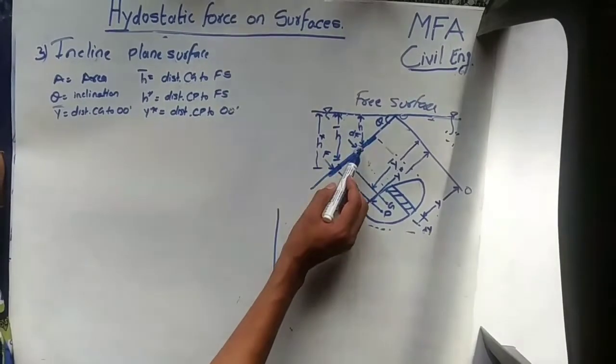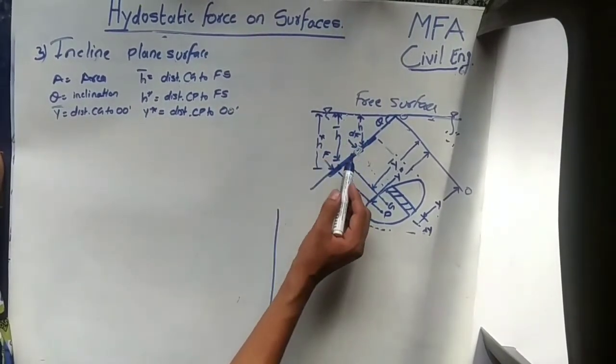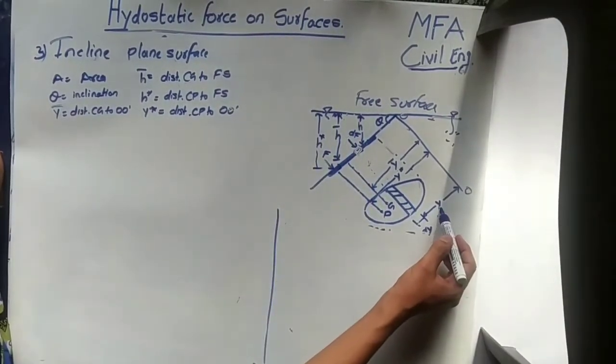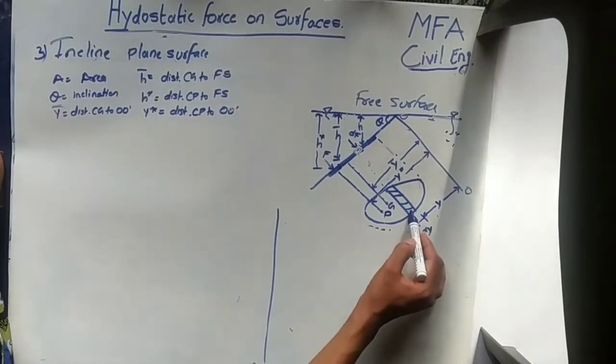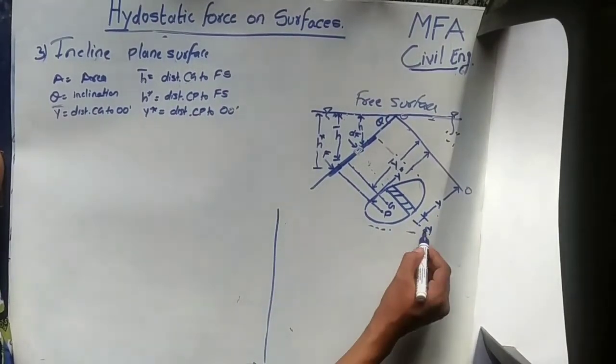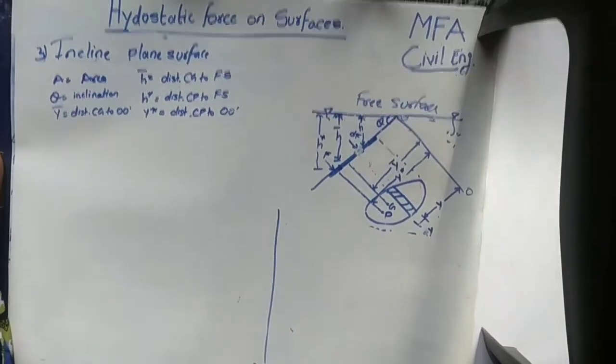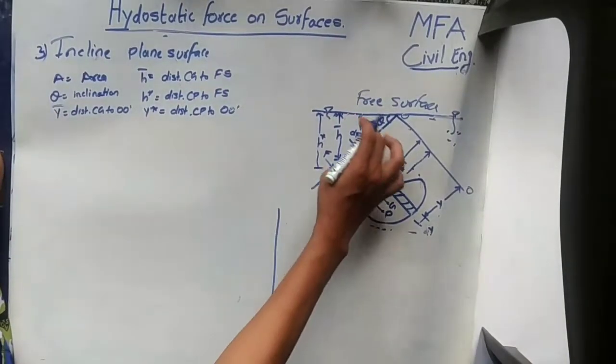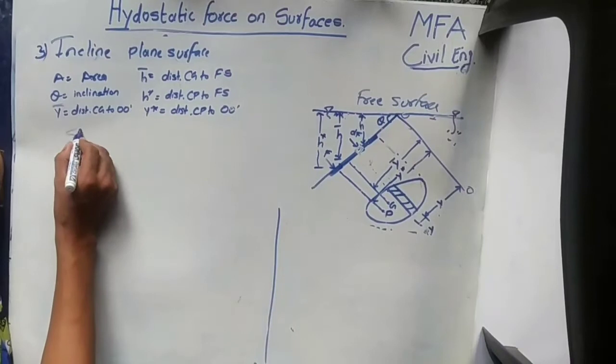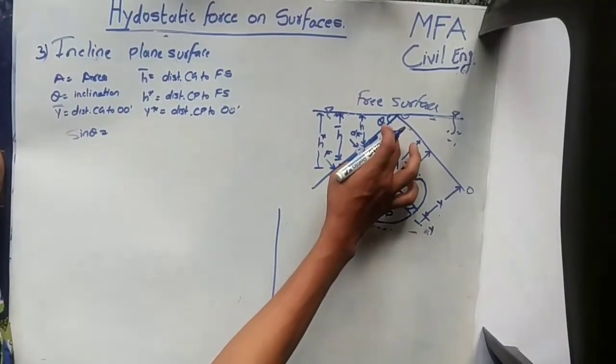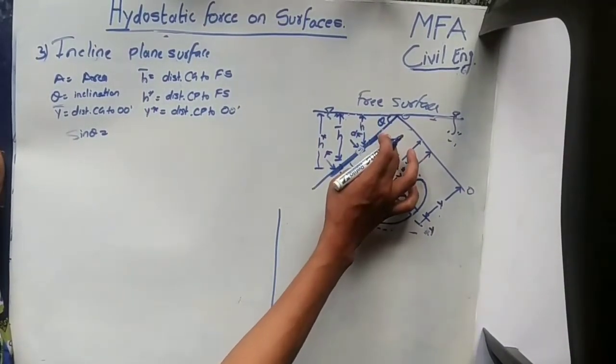Let h be the height of this small element from the free surface, and similarly y the distance from the OO plane to this small element. Okay, now this is theta. Then sin theta is equal to opposite upon hypotenuse.